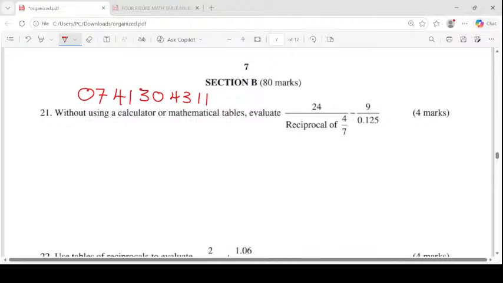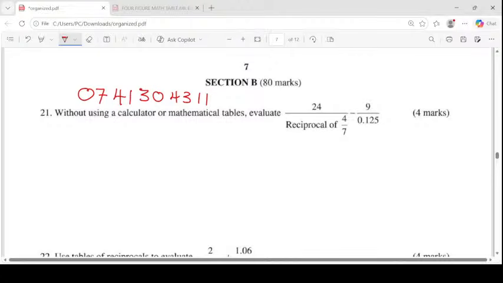We are being told in question number 21, without using a calculator or a mathematical table, evaluate 24 all over the reciprocal of 4 over 7, minus 9 all over 0.125.